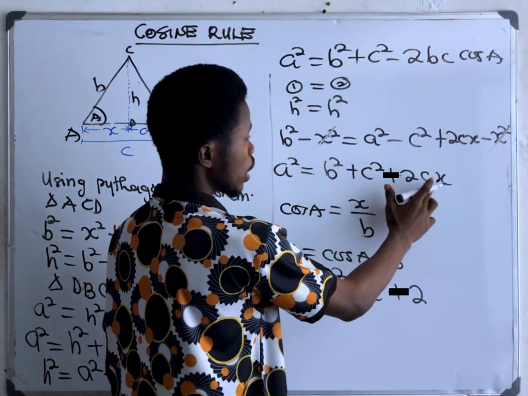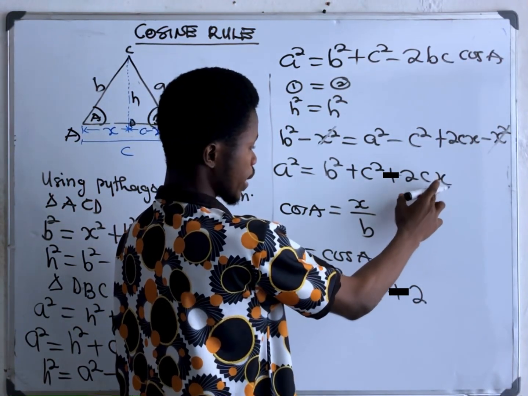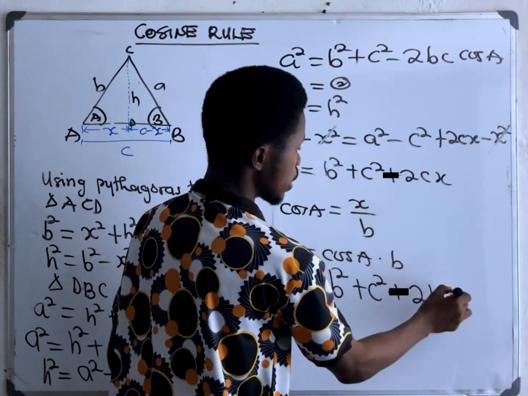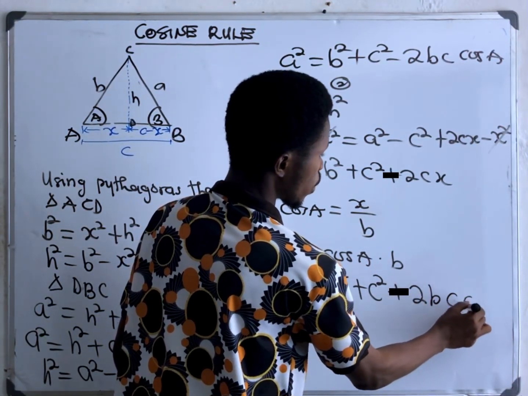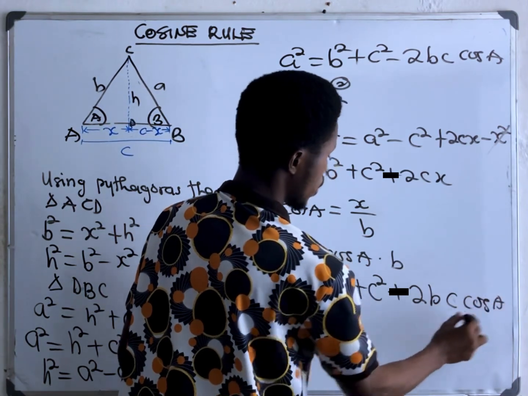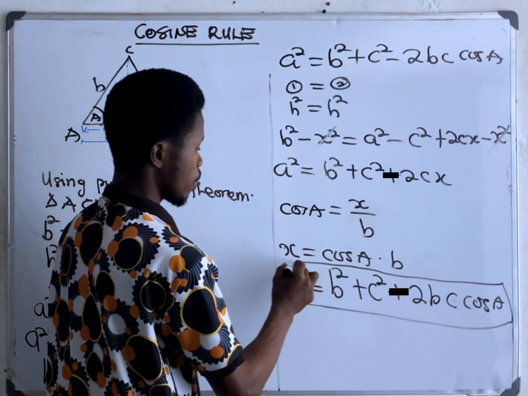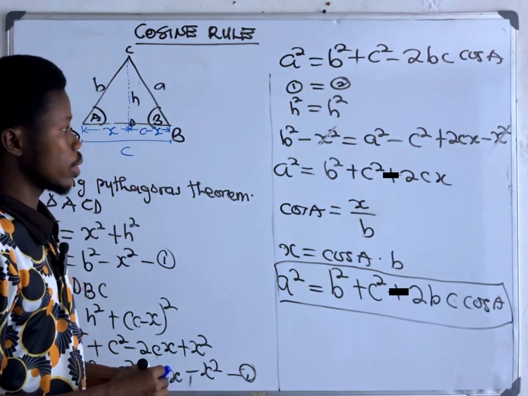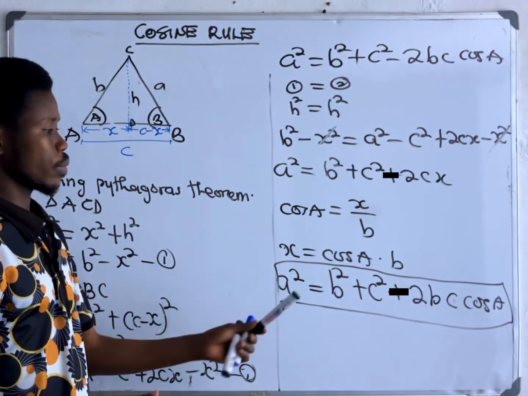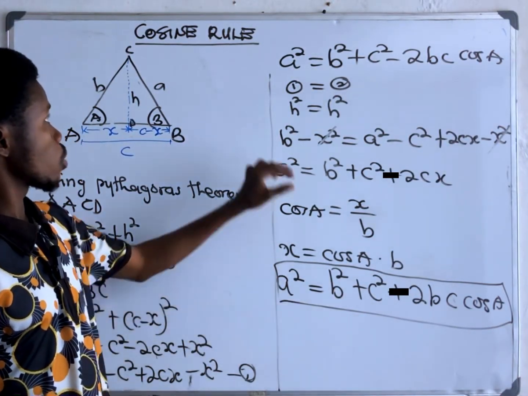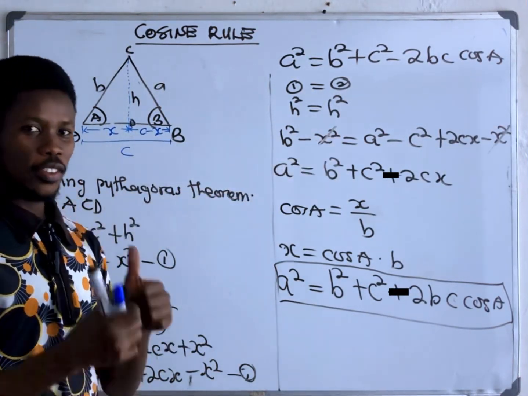Our x is b cos A. So b, then there's c here, c before the cos A. So this becomes the proof for the cosine rule. Thank you very much.